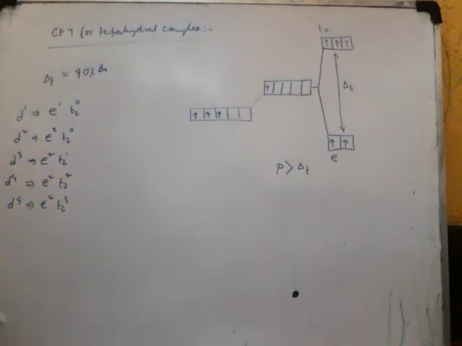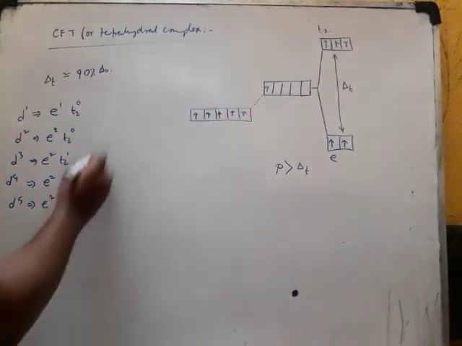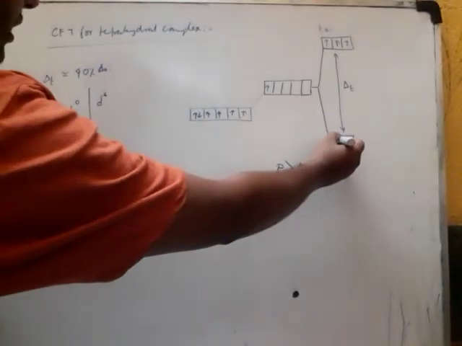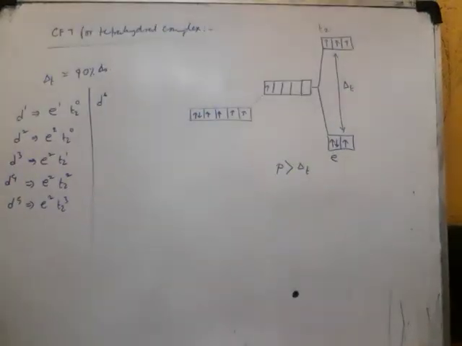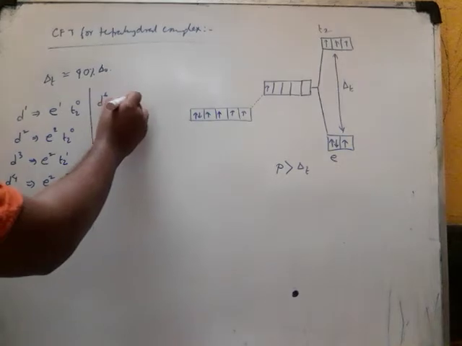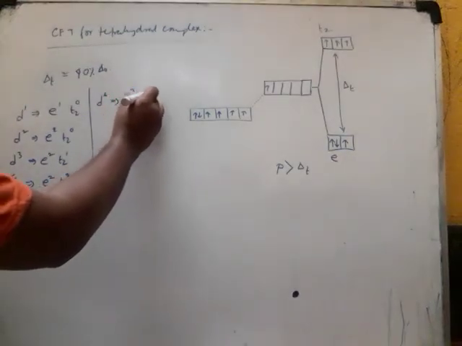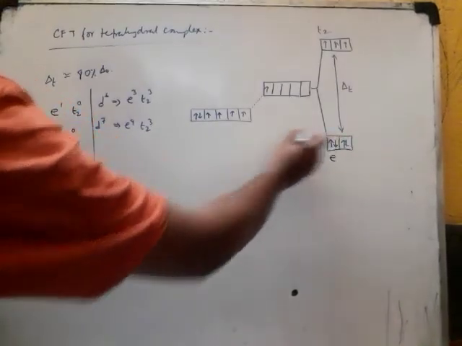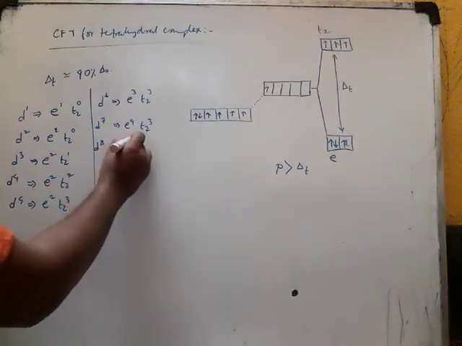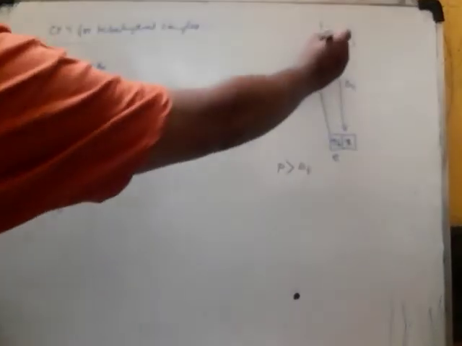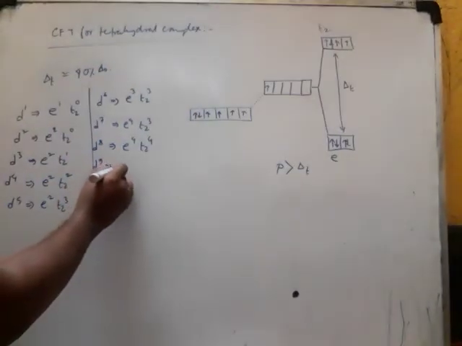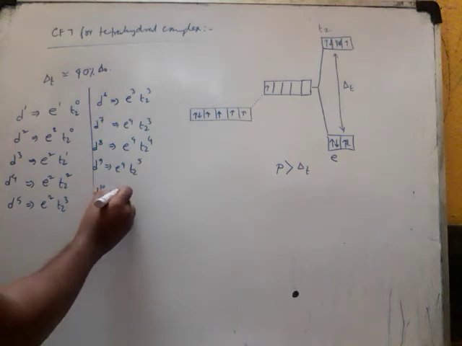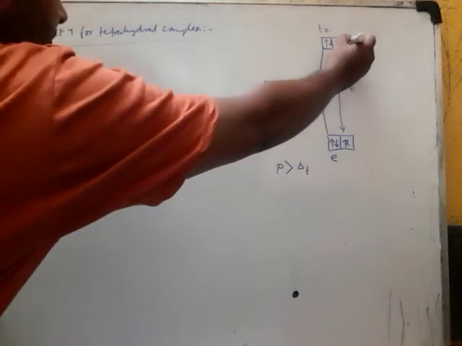Now when a central atom has electronic configuration d6, then the electron goes to the lower energy level, that means E. So its electronic configuration becomes E3 T2^3, d7 E4 T2^3, d8 E4 T2^4, d9 E4 T2^5 and d10 E4 T2^6.